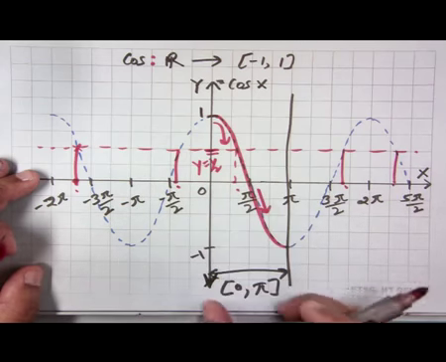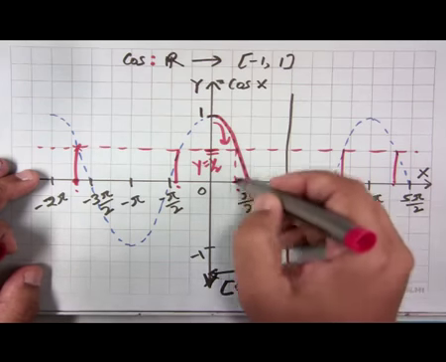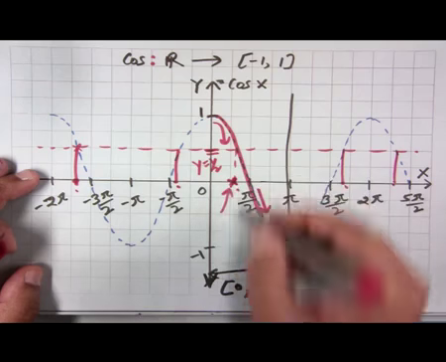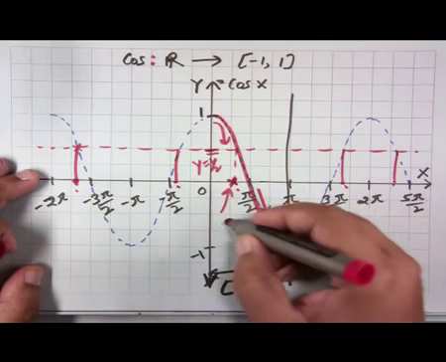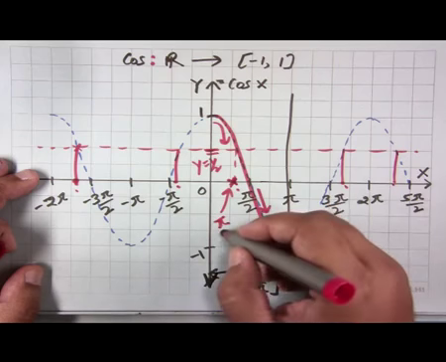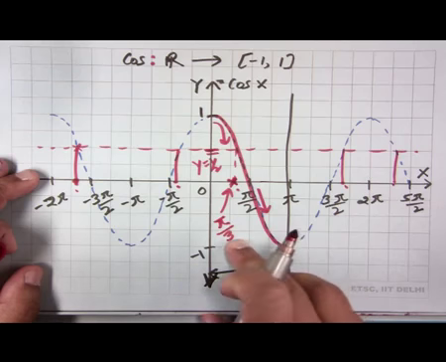But when we restrict the domain to 0 to pi, there is only one unique value of x, which in this example is pi by 3 or 60 degrees, because cos of 60 degrees is equal to half.